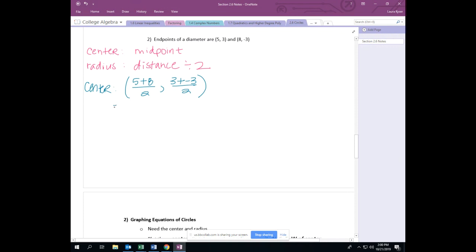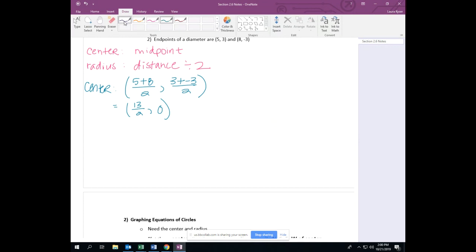Now we simplify. 5 plus 8 is 13 over 2. 3 plus negative 3 is 0 over 2, which is 0. I am going to leave 13 halves as a fraction this time because typically in these circle equations, they want the fractions. If it's okay with decimals, though, go ahead and change it if you like it that way. I'm just going to leave it like this for now. So there's my center, and that's the first key piece of information.